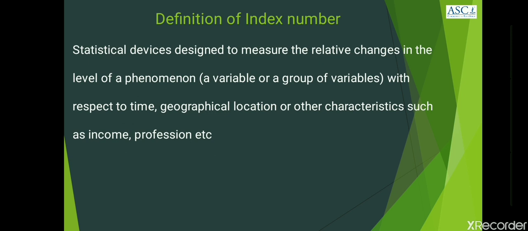Next stage is the definition of index number. Here is the definition. Index numbers are statistical devices designed to measure the relative changes in the level of a phenomenon with respect to time, geographical location, or other characteristics such as income, profession, etc. Let us first know the meaning of the terms which are not much familiar, and later we try to connect them all to get the essence of this definition.